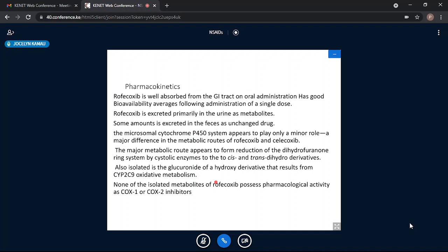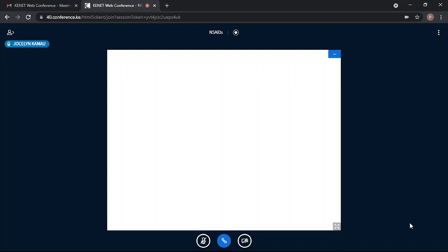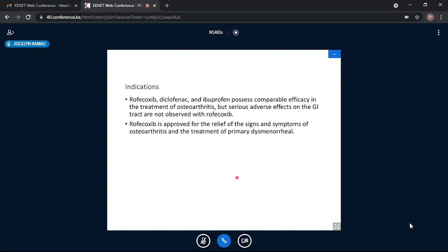So we are only saying here there is oxidative hydroxylation of the furanone ring, but you can also have reduction, as we have said, of the double bond within the ring, with, of course, loss of COX-2 selective inhibition of the COX-2 enzyme.